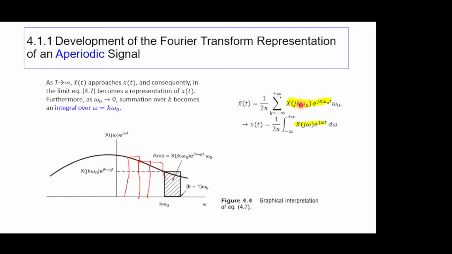It's like you are summing the areas of those rectangles related to this big X times e to the j omega t curve, and as big T goes to infinity, those rectangles get thinner and thinner, and you are just calculating the area under this curve.